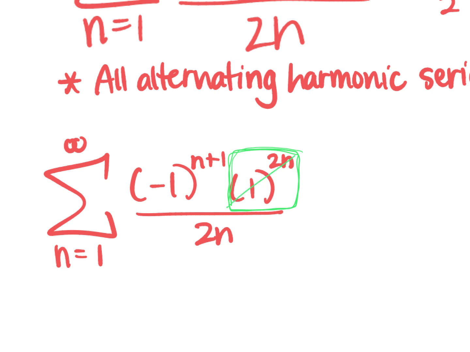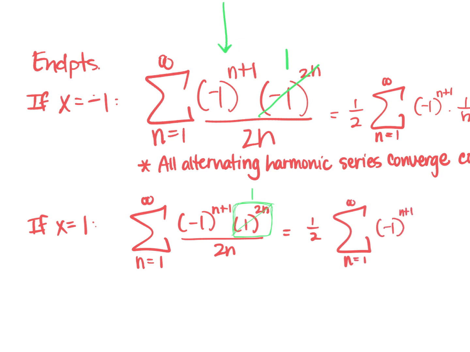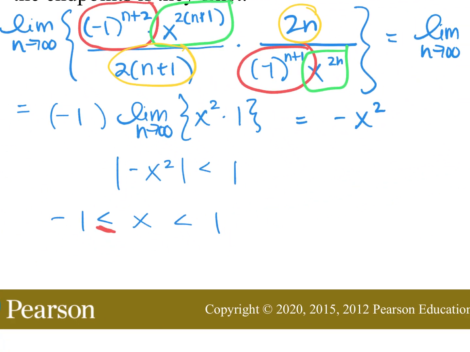It's still going to be 1. And can I pull a constant out to the front? Yeah, so I get 1/2 out in front of, still, times 1/n. I still have an alternating harmonic series. So the result is still an alternating harmonic series. And so since that will converge, then I can also include +1.